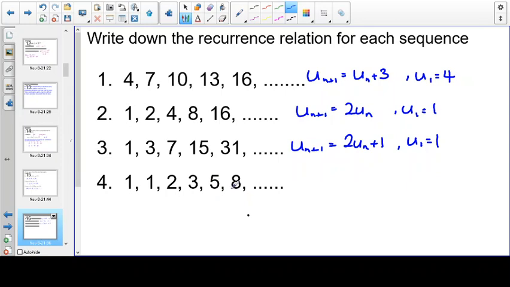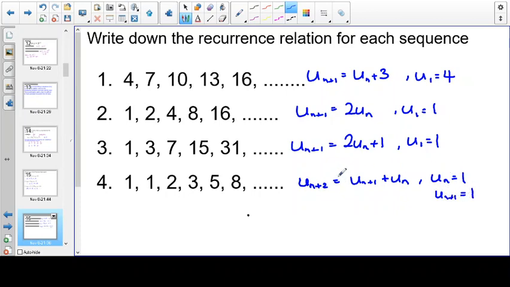Now this one, this is Fibonacci's sequence. I've already mentioned the fact that each term is the sum of the two previous terms. Well, to write that down, we need to write u(n+2) is u(n+1) plus u(n), where u(1) is 1 and where u(2) is 1.